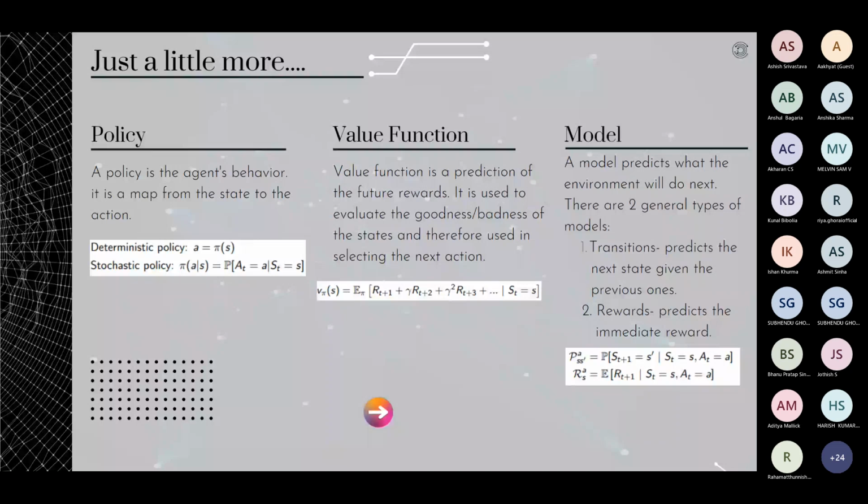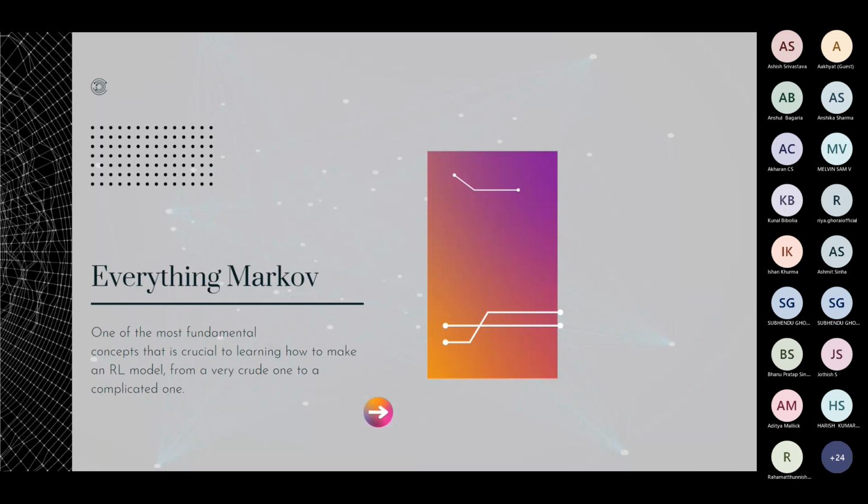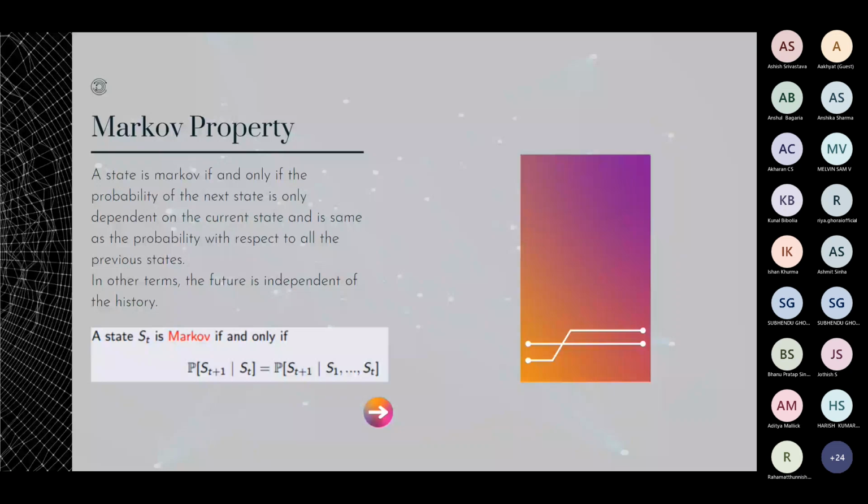Next up, we'll be discussing one of the most fundamental concepts that is crucial to making an RL model, even if it is a very simple one or something very complicated. Before we go further, we need to know what a Markov property is, because a Markov property simplifies our task of solving any reinforcement learning problem.